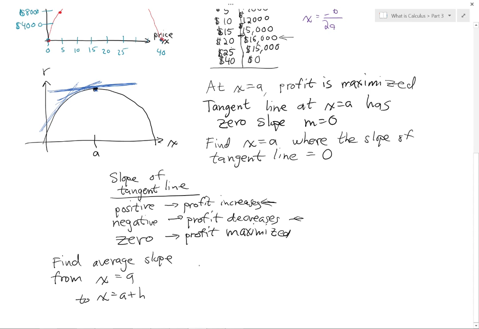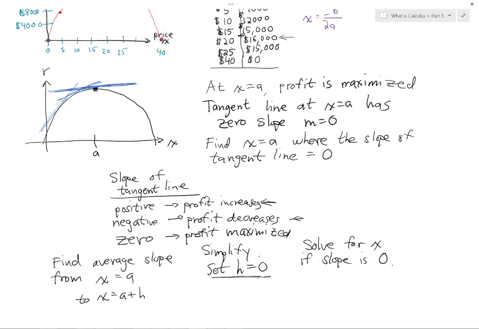Once we simplify, we set h equal to 0, and then solve for x if the slope itself is 0. So setting h equal to 0, that's what we did in the first couple of lessons. If you still need some refreshing on that, you might want to go back and watch the first 2 videos when we went through this process. It's going to be the same process that we did for the instantaneous velocity, except this time it's instantaneous change in revenue. And we want to zero that out to find the maximum.